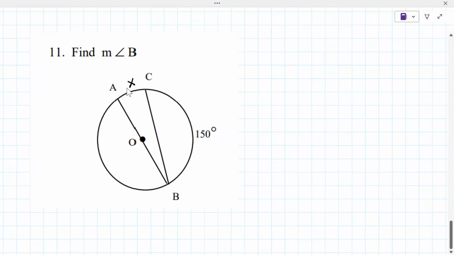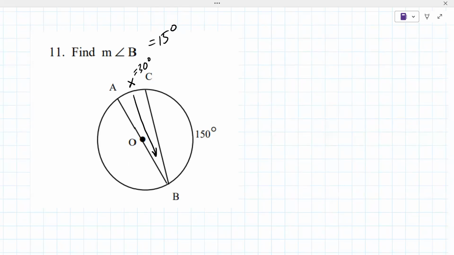That it's 180. So what is X if this is 150? X would be 30 degrees. So how do you use that to find B? B would be 15 degrees. Yes.